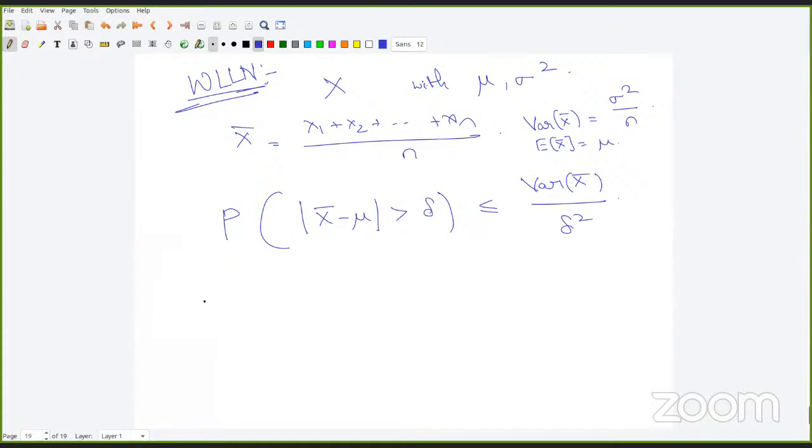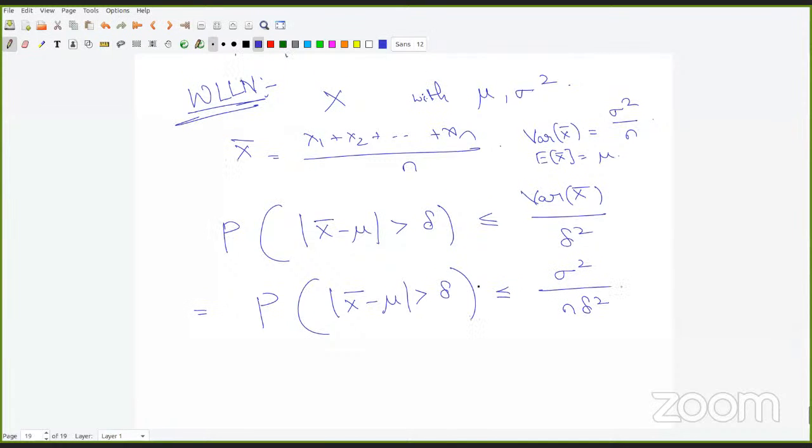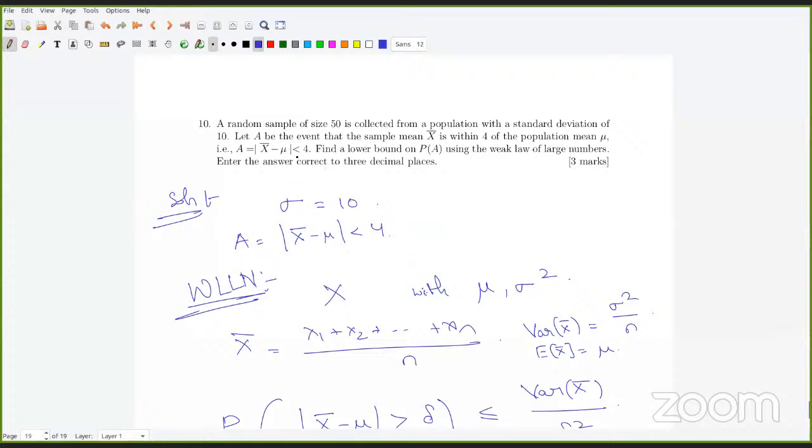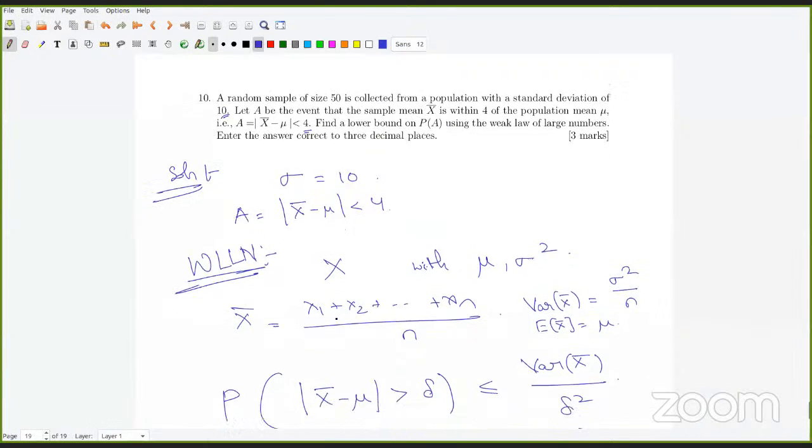So now the probability that x bar minus mu is greater than some delta is less than or equal to variance of x bar, which is sigma square by n, divided by delta square. Here we have given you the delta, so delta is 4. And also we have given you the standard deviation, which is 10.